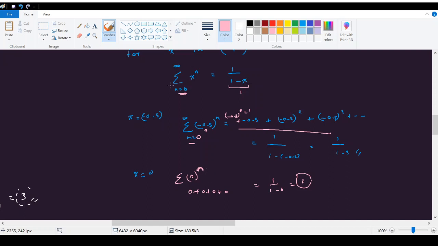The thing is, when substituting such a value, it is not a wise idea to substitute directly into the series notation. What you should do is first expand the series and then substitute for x, right? If you do it in that way, you will not encounter such problems.